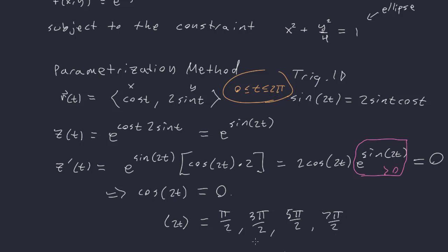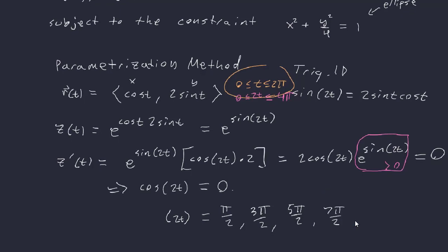And the reason I want to do that is because my t is between 0 and 2 pi, but 2t is going to be between 0 and 4 pi. So I need to go all the way out to 4 pi to get all the possible angles that would work here.